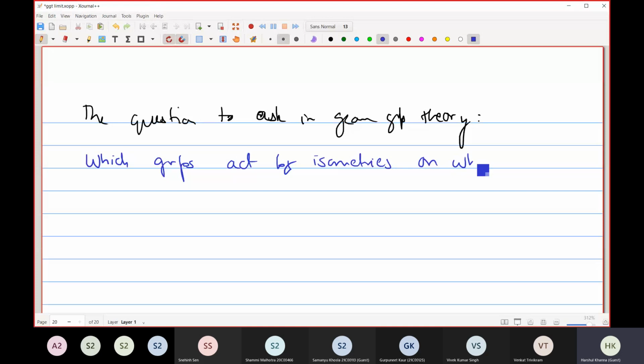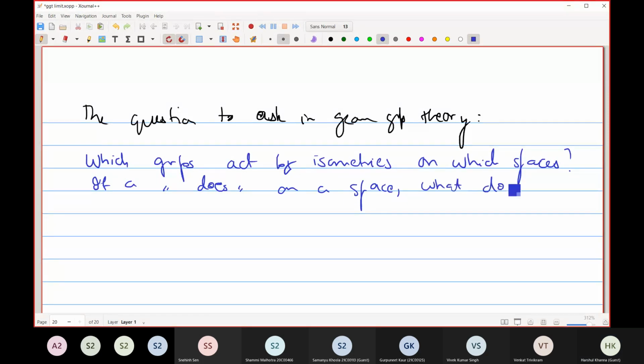And then you ask, if a group does act on a space, what does it say about the group? And what does it say about the space?